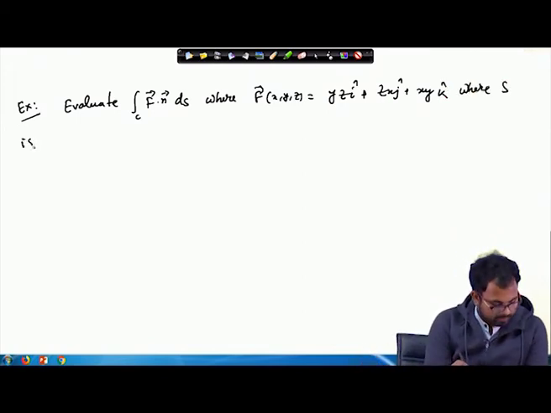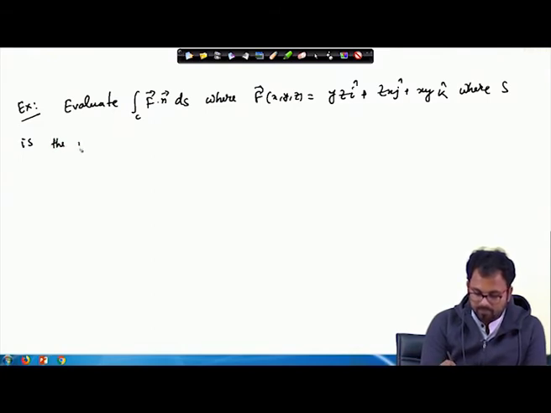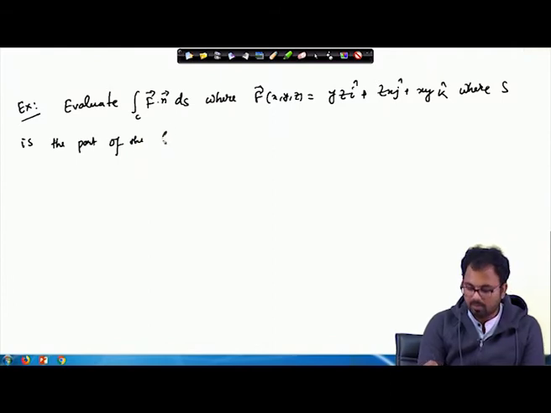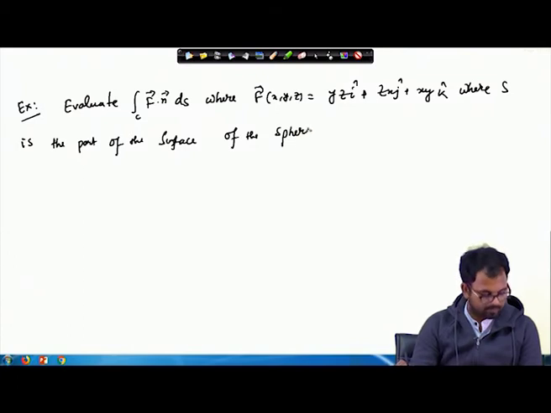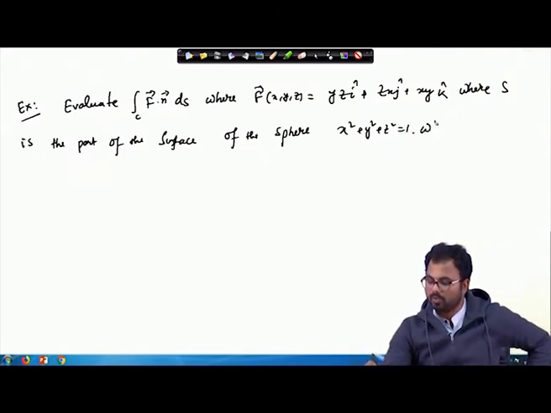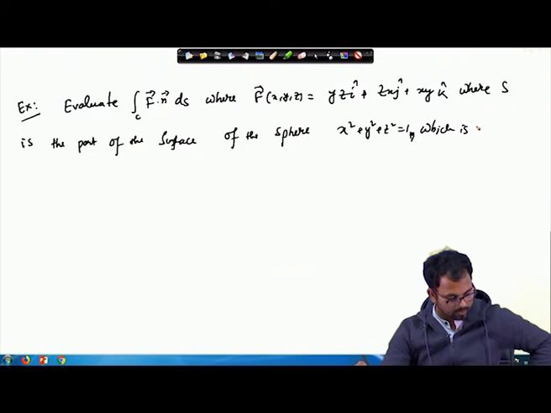where S is the part of the surface of the sphere x square plus y square plus z square equals 1, which is in the first octant.